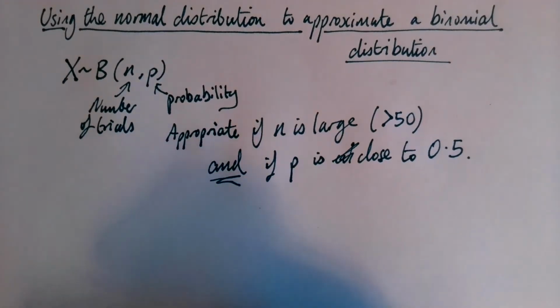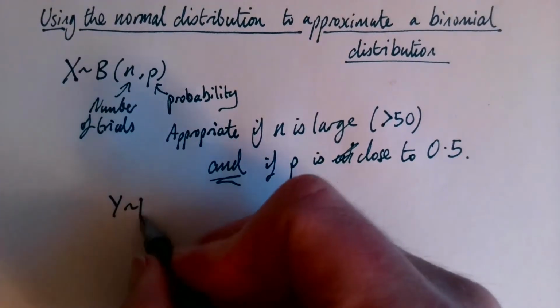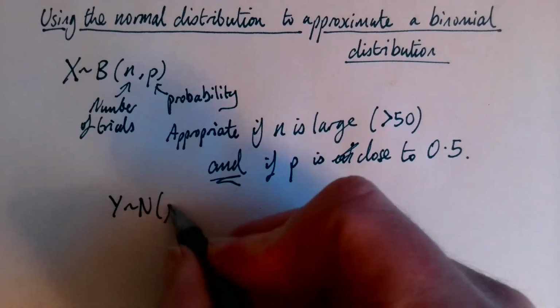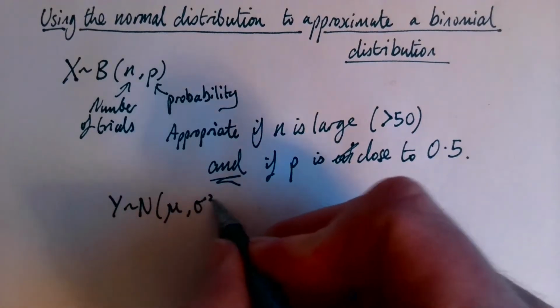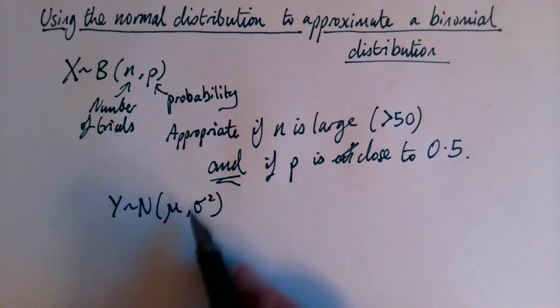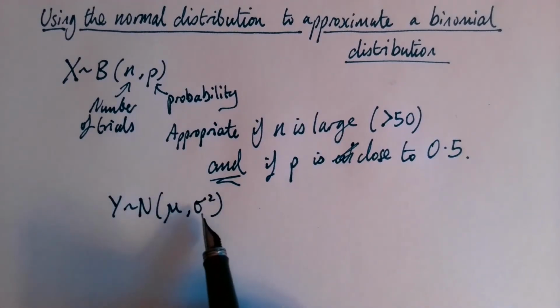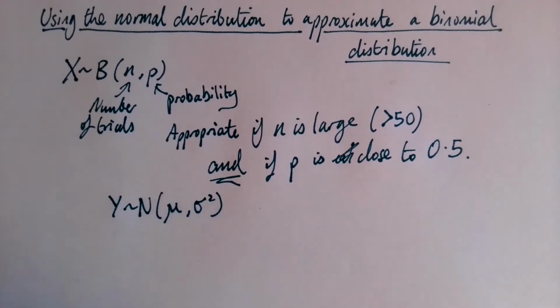The other thing that we need to think about is our normal distribution. We normally have the mean instead of a number of trials, and instead of probability we have the variance, which is the standard deviation squared.